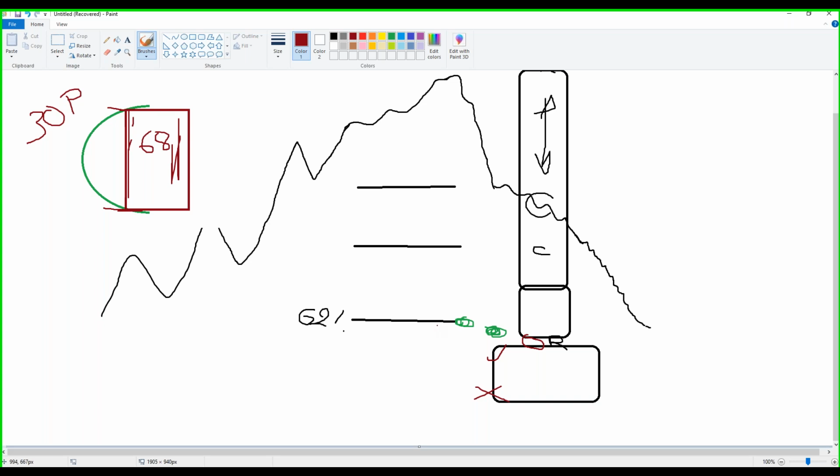Just this alone, folks, this strategy alone can save you thousands of dollars, and it's very logical mathematically.